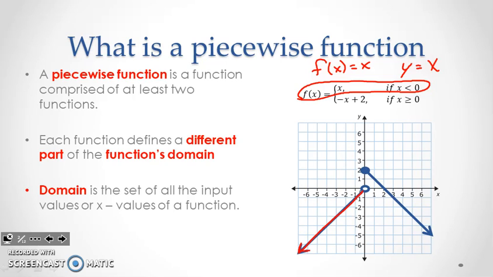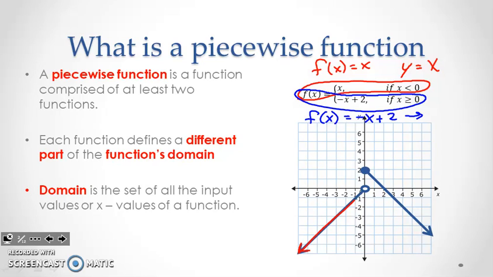Okay. The bottom part of this says that f of x equals negative x plus 2 if x is greater than or equal to 0. Okay? So that's saying where all of my x values are greater than or equal to 0, meaning on this side of the graph, that's where my x values are greater than or equal to 0. In that section, I'm going to have f of x equals negative x plus 2.